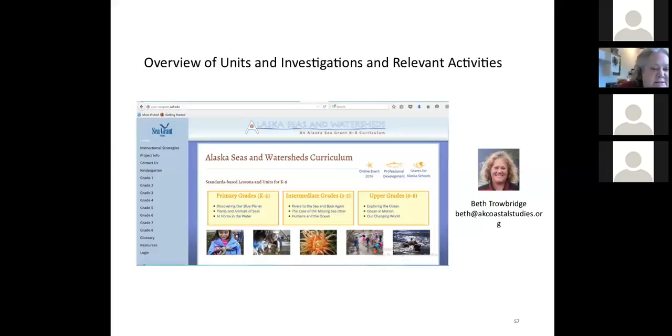You can see that the Seas and Watersheds curriculum is organized by grade bands, so it's easy to move up and down within these grade bands and to find investigations that fit your education needs. It's also really easy to adapt investigations at any grade level that you want. I wanted to draw your attention to the sidebar in this screenshot.